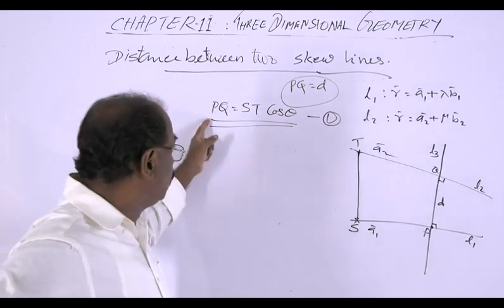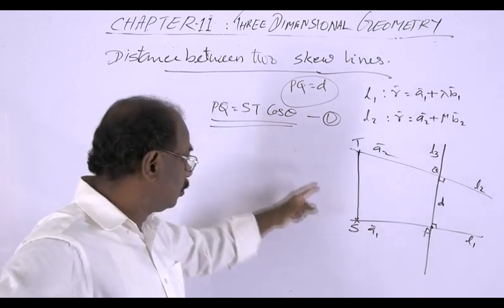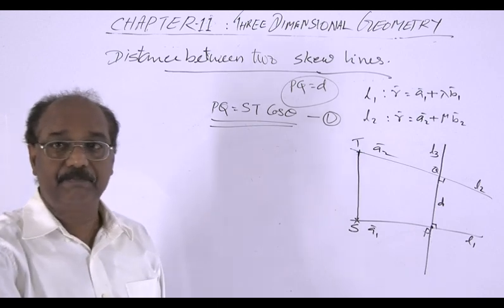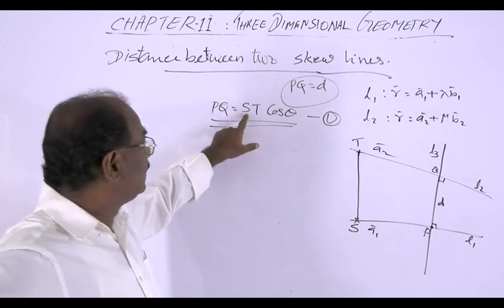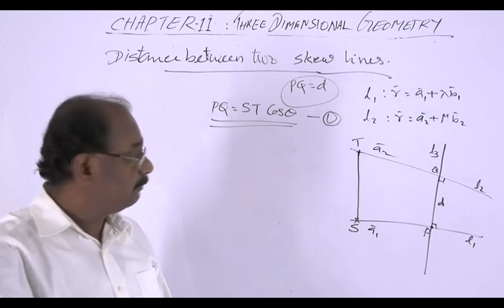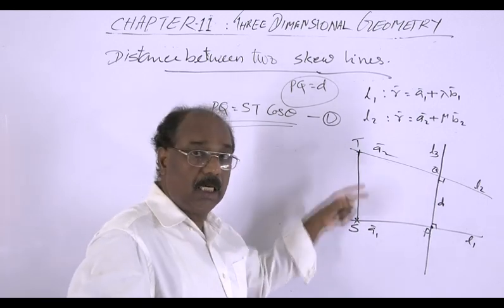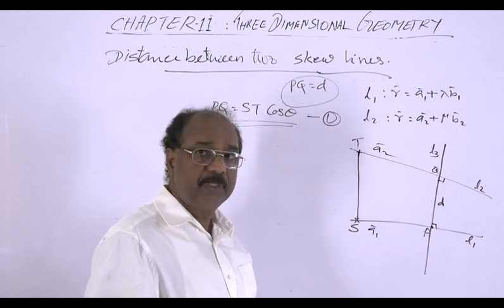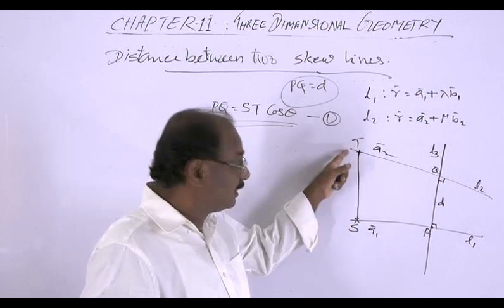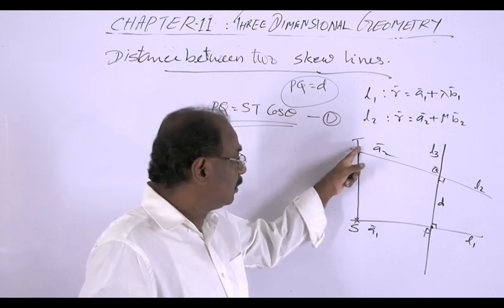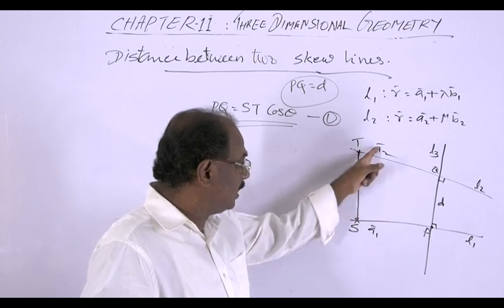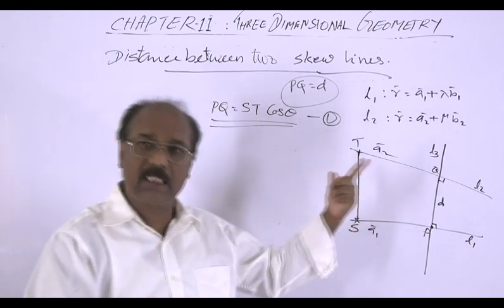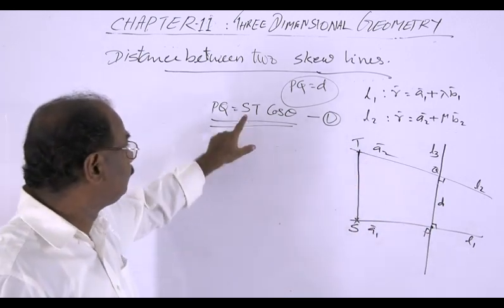So PQ is equal to ST into cos θ. And this ST can easily be obtained because S and T are two points whose position vectors are A1 and A2. Therefore, we can have the vector ST. Vector ST is position vector of T minus position vector of S, A2 minus A1. So, if needed, we can find this ST.